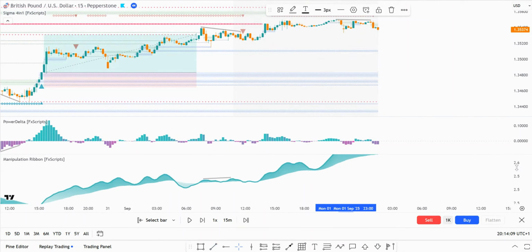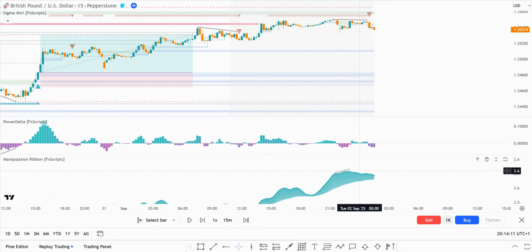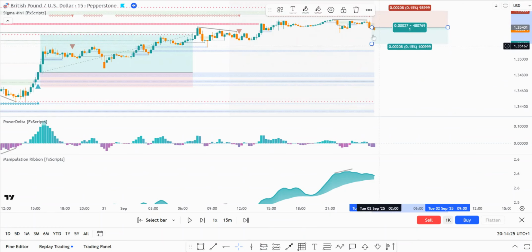Let's just zoom in a little bit here. This has gone to the upside. This has gone to the downside. We can now mark out a short position. We can put a stop here.